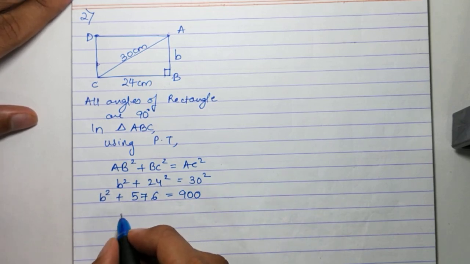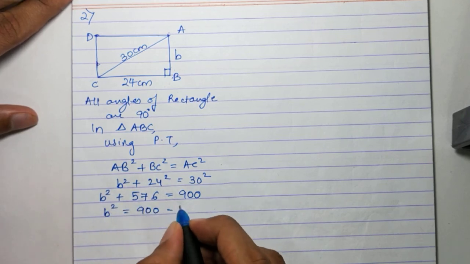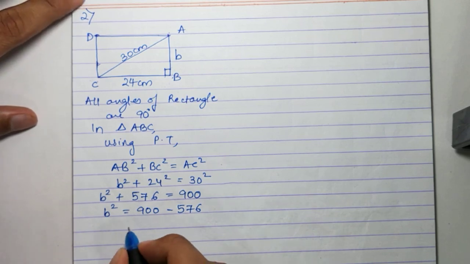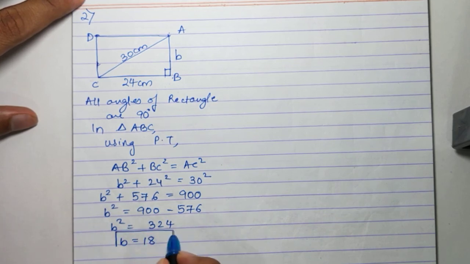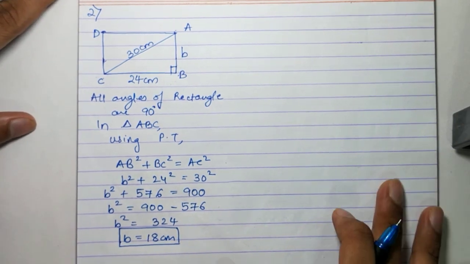So now 900 minus 576, this is 324. So B is 18 centimeters. B is the breadth of the rectangle.